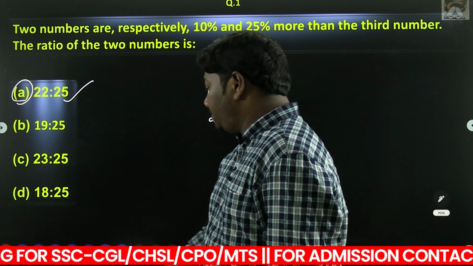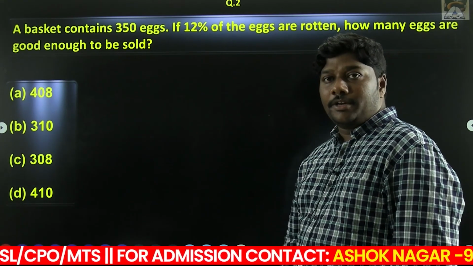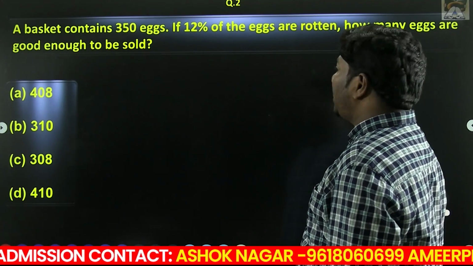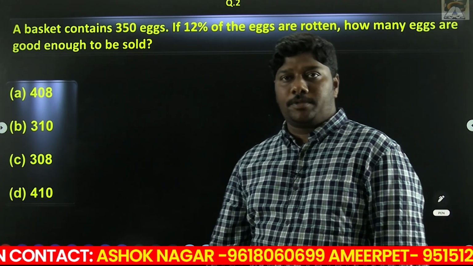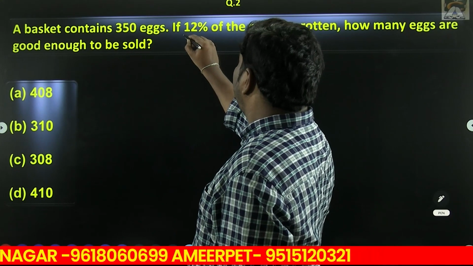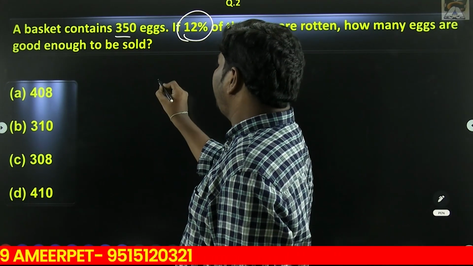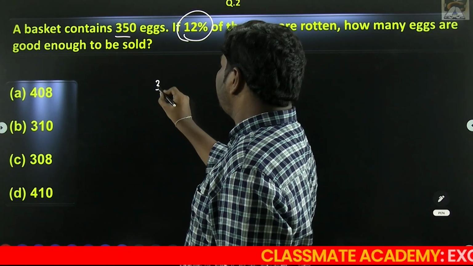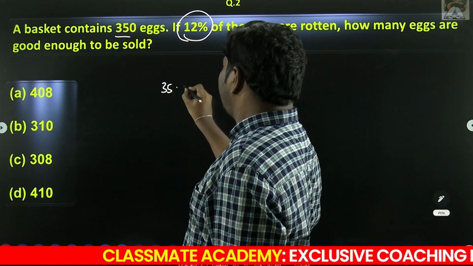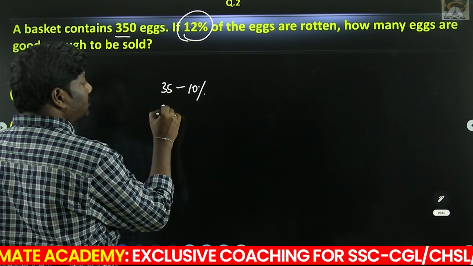Look at the second question. A basket contains 350 eggs. If 12% of the eggs are rotten, how many eggs are good enough to be sold? This one is also a very simple question because 12% of the eggs were gone. If you look at 10%, it is 35. 1% is 3.5.